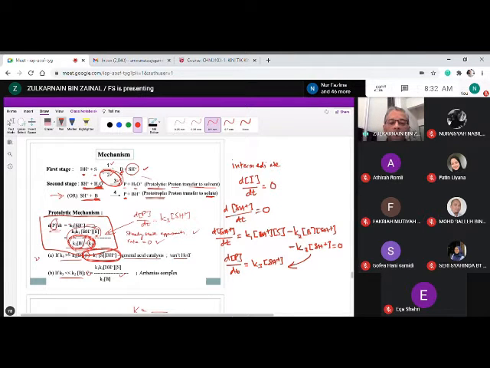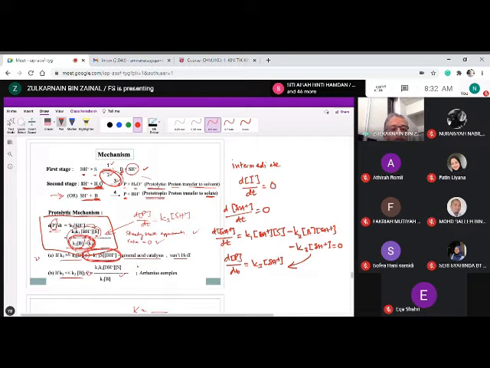Because in the last lecture I was using PowerPoint, and I was writing on PowerPoint. But now I'm using notes, and I have saved this file in PDF. So then it's already fixed there. I cannot cancel.